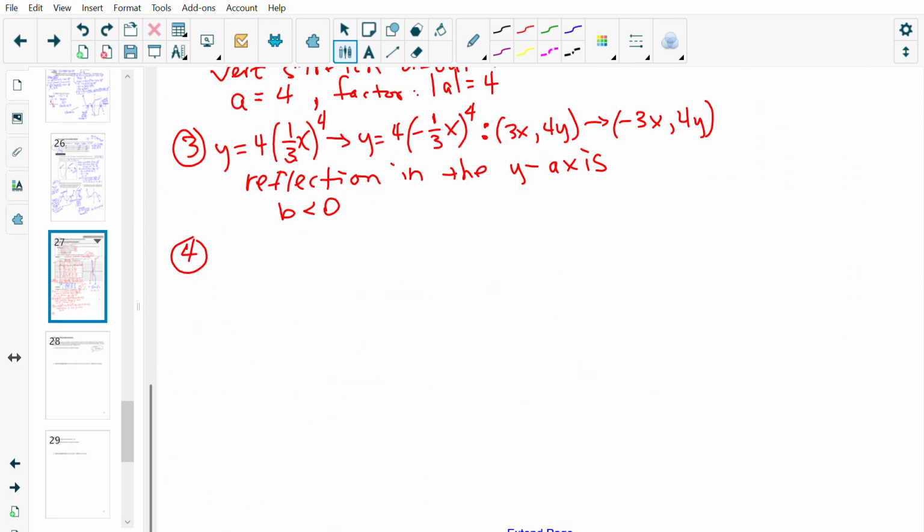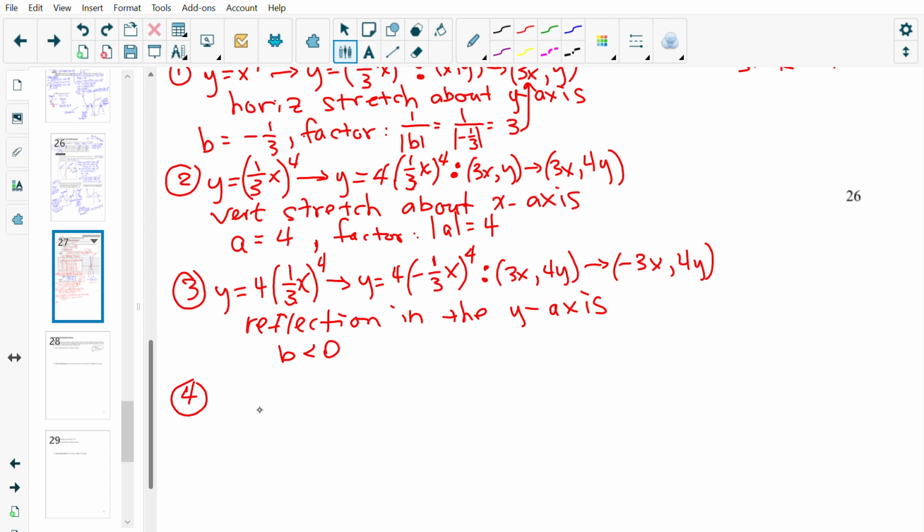Number 4, our last transformations to apply are the translations. So y equals 4 times negative 1/3 x to the 4th.